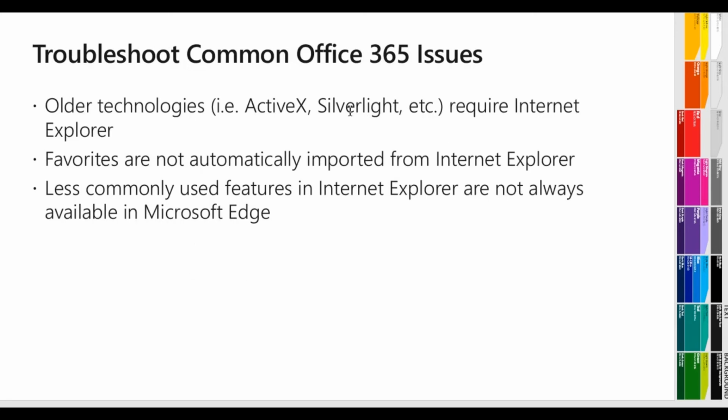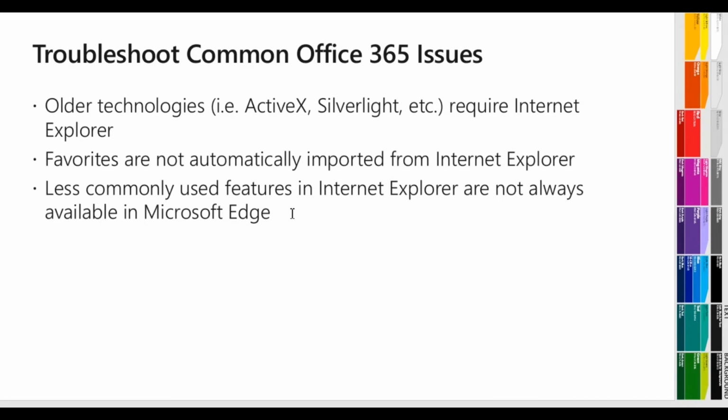Troubleshooting common Office 365 issues. Older technologies such as ActiveX and Silverlight require Internet Explorer. Favorites are not automatically imported from Internet Explorer. Less commonly used features in Internet Explorer are not always available in Microsoft Edge. This is just saying the comparison.